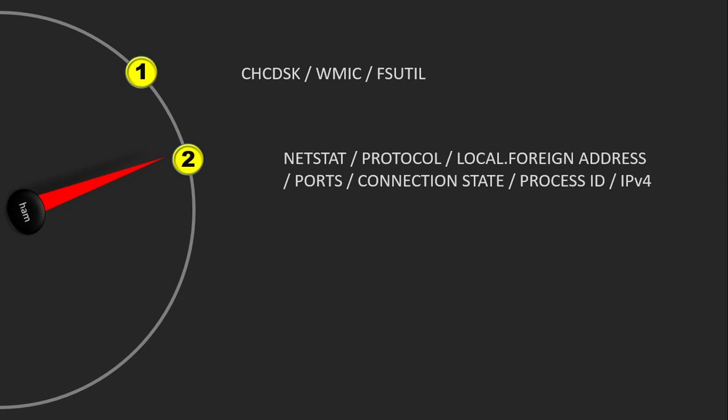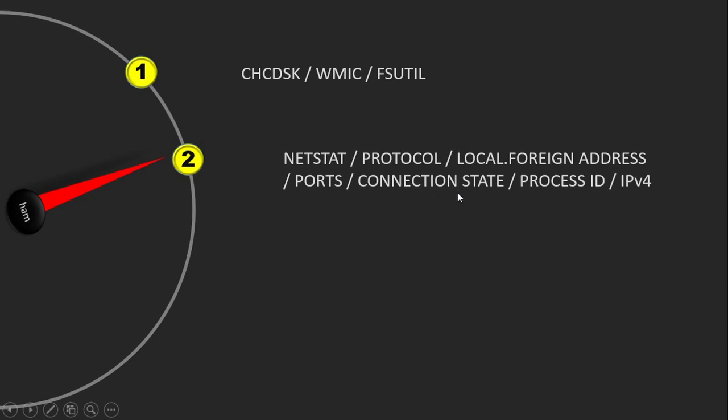Step number 2, I'll be using this command here, netstat, to display all the active TCP connections between this computer and other computers on the internet. Also, it will tell me more information about ports and process ID. These are very good steps to find where the viruses are coming from.